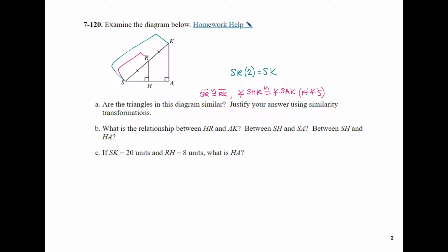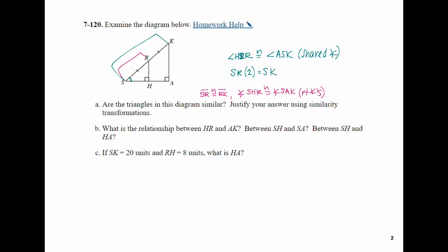We then also know that angle HSR is congruent to angle ASK because it is a shared angle.